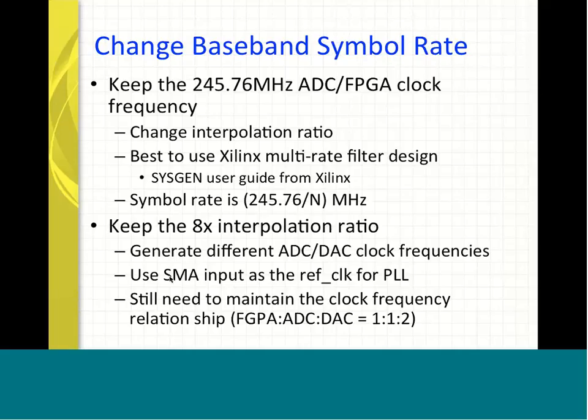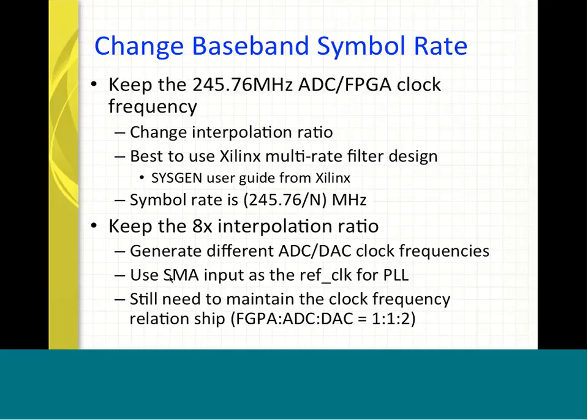You can tune a lot of knobs to change your baseband symbol rate. Another option is to keep the 8x interpolation ratio if you don't want to touch the reference design, however you can generate different ADC and DAC clock frequencies.